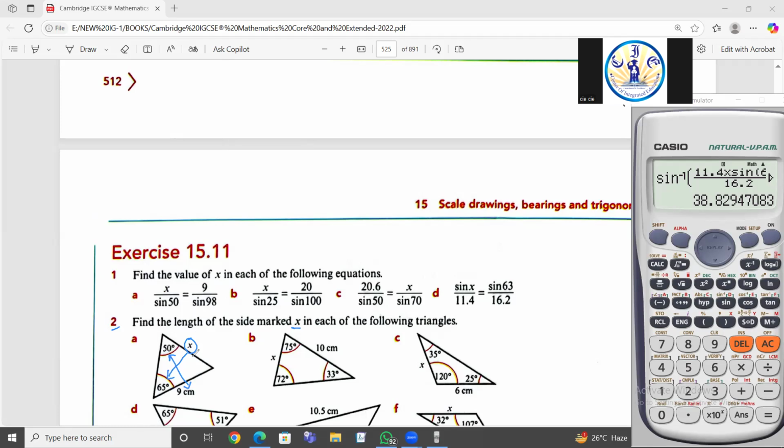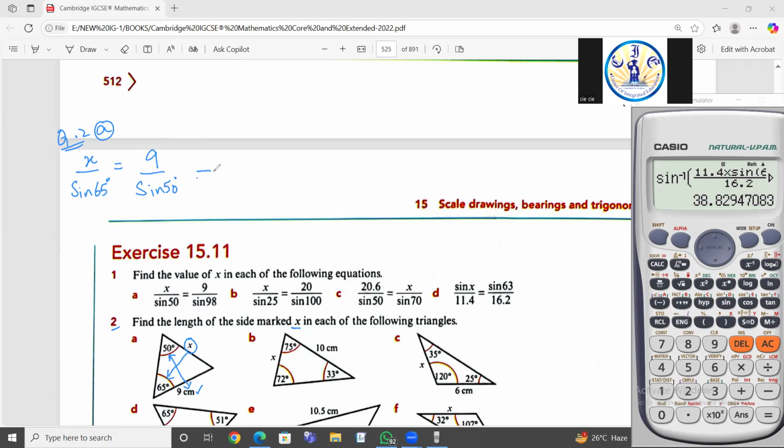So I'm going to use the second form of the sine rule, that means the side is there in the numerator divided by sine of the angle opposite to that side is equal to the side given in the other case divided by sine of the opposite angle, that is sine 50.